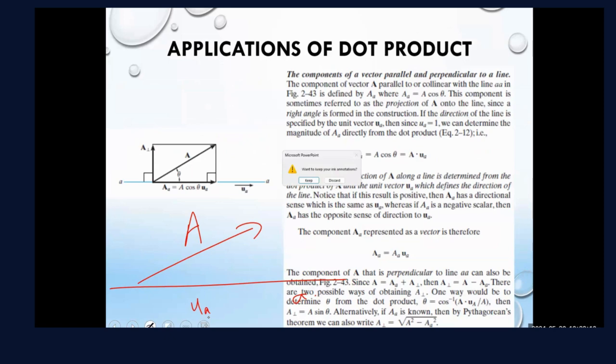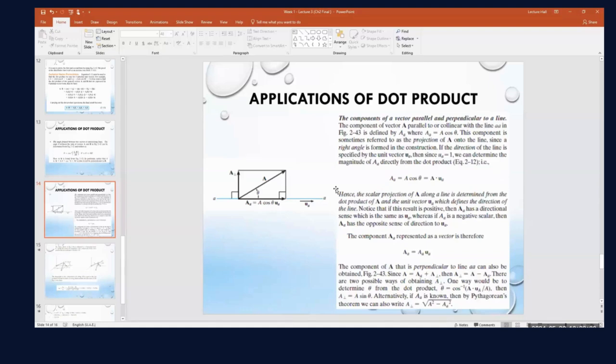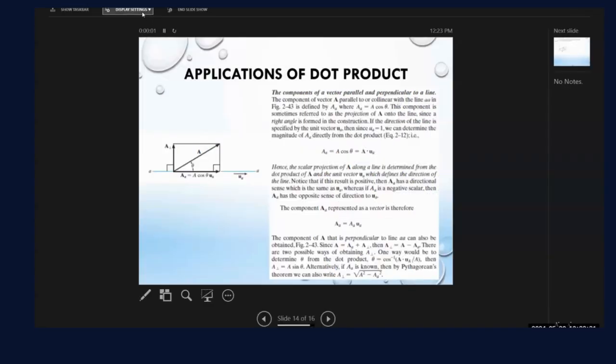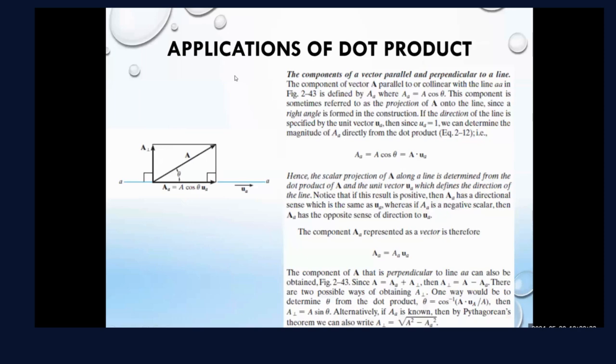You know what the unit vector involved is, right? So there is a unit vector, and there is vector A. There is an axis going like this, and you know the unit vector for it. The angle between them is theta.